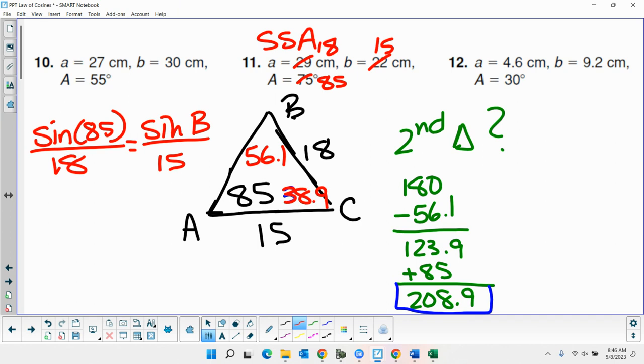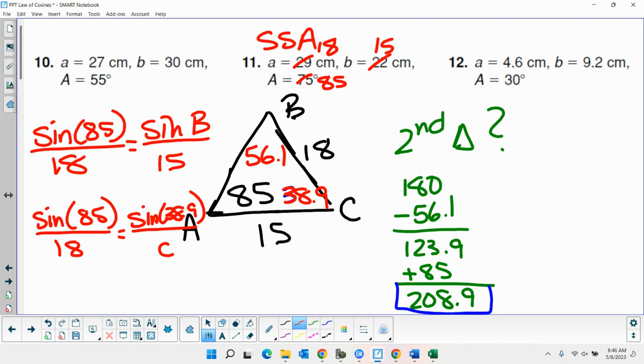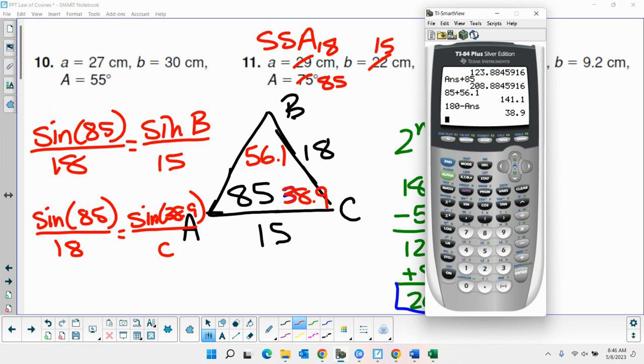My last answer would be sine of 85 over 18 equals the sine of 38.9 over side C. So since I got that 38.9 in my calculator, I'm going to go sine of that, second answer, times 18, cross multiplying, divided by sine of 85 to get C by itself.